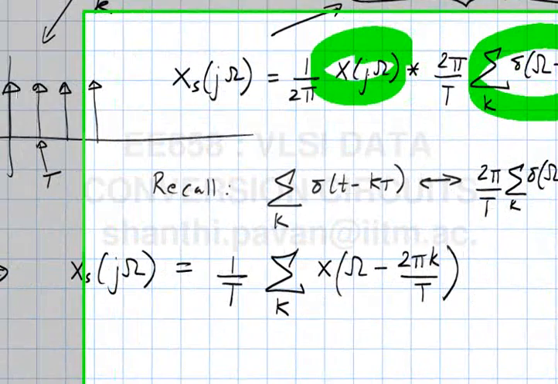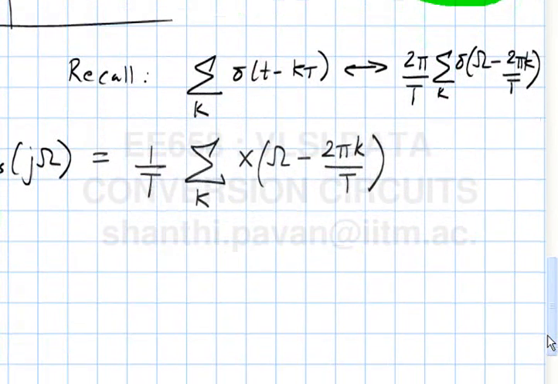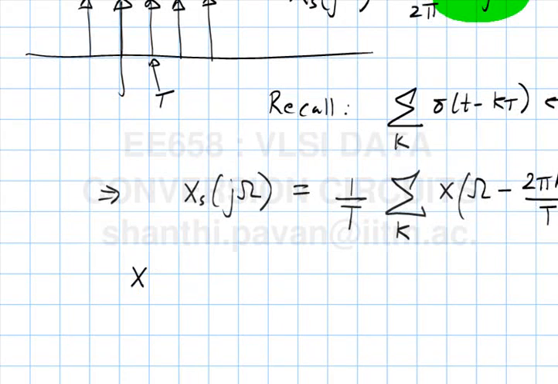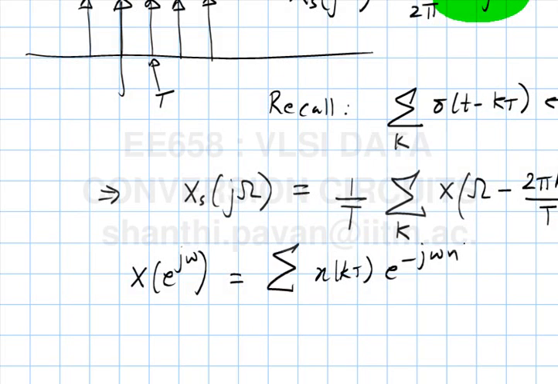Okay. Now, we know that X of e to the j omega, that's the discrete time Fourier transform of the sample sequence x of n, which is the sum of x of kT e to the minus j omega k.